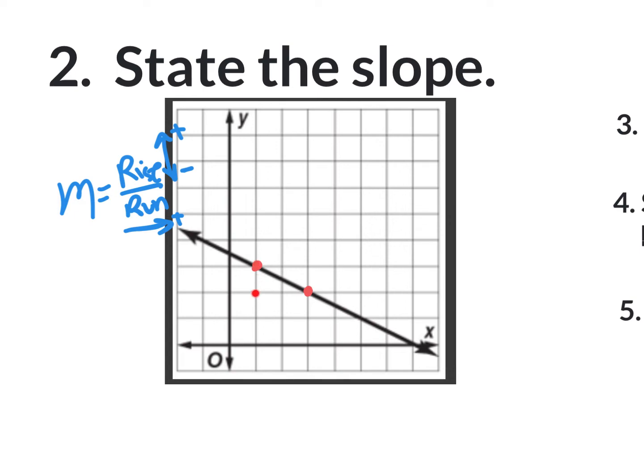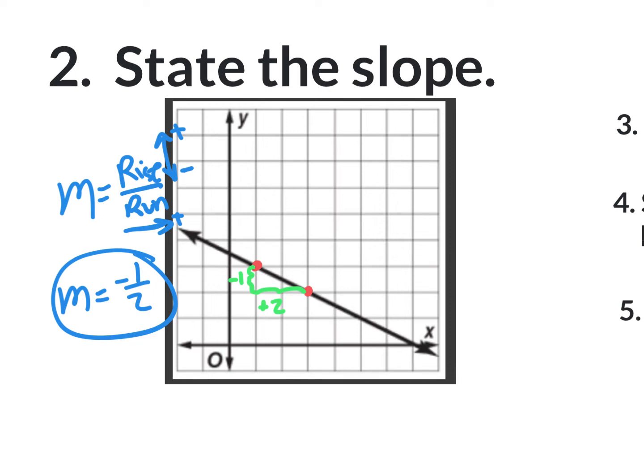You're going down 1 unit, and you run from left to right. How many units do you run? You run 1, 2. So that's a negative 1 rise and a positive 2 run. So what's your slope? Your slope is negative 1 over 2, negative 1/2.